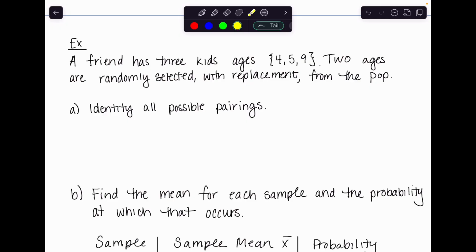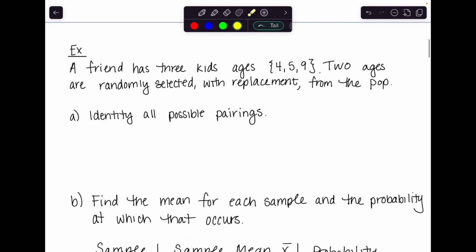So we're told a friend has 3 kids with ages 4, 5, and 9. 2 of the kids, or 2 ages, are randomly selected with replacement from the population. So remember, with replacement is going to guarantee we have independent events, and this way we have that pure random sample.